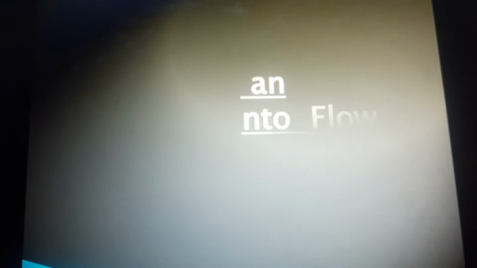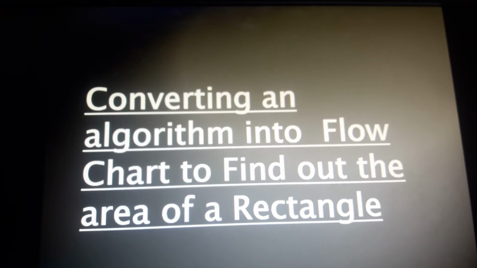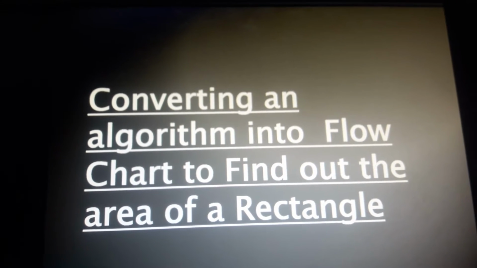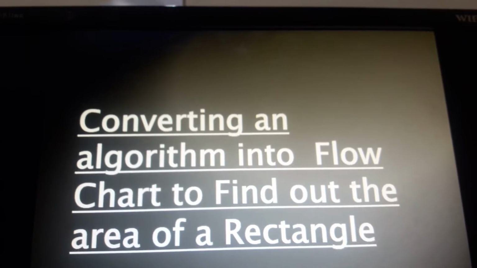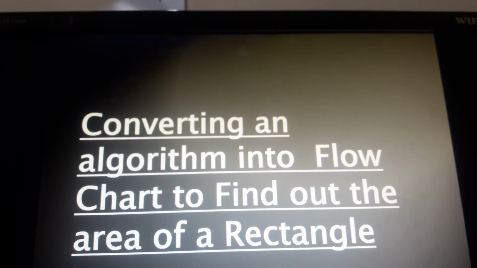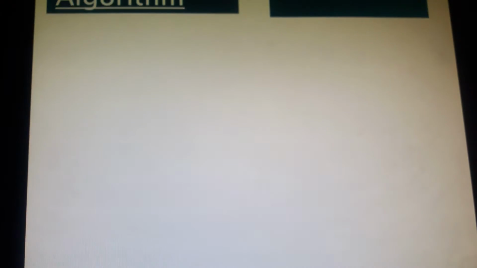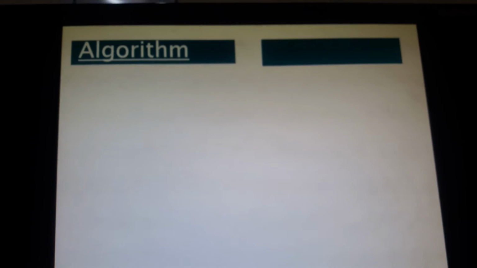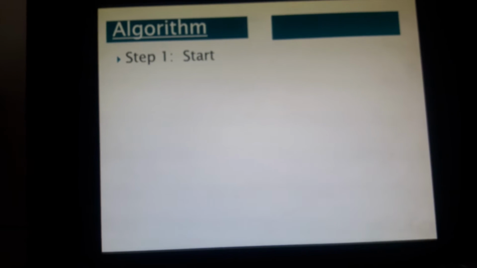Now we'll see how we can convert an algorithm into flow chart. Here we'll convert an algorithm to flow chart to find out the area of a rectangle. First of all, we'll write down an algorithm to find out the area of a rectangle. Step 1 will be start.